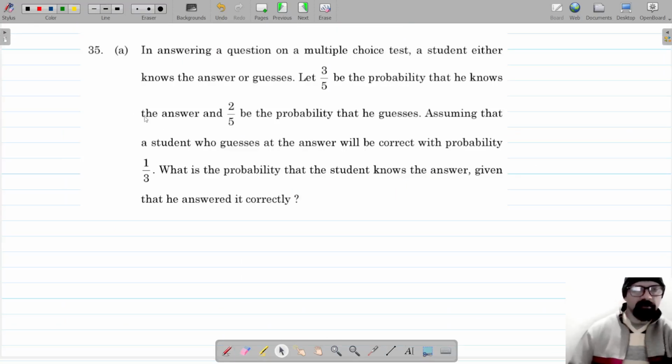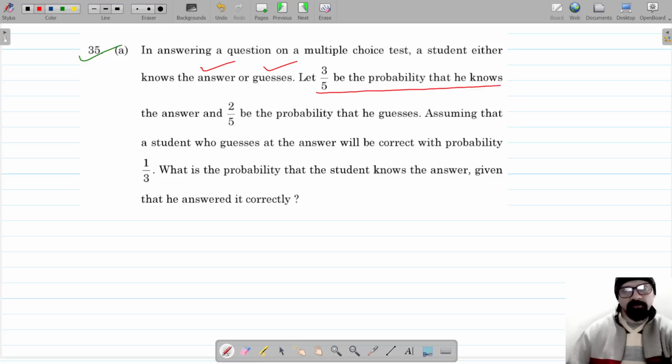Okay. For the next question, that is question number 35 part A. Question number 35 part A says that in answering a question on an MCQ type test, a student either knows the answer or guesses. 3/5 is the probability that he knows the answer and 2/5 is the probability that he guesses the answer.